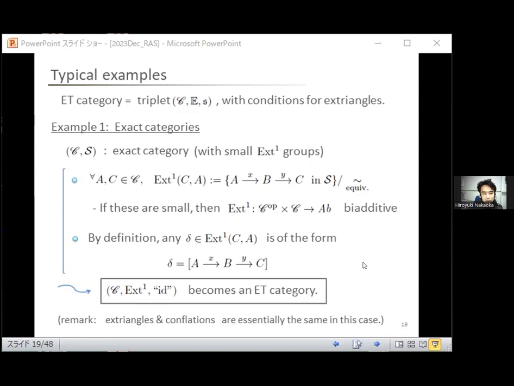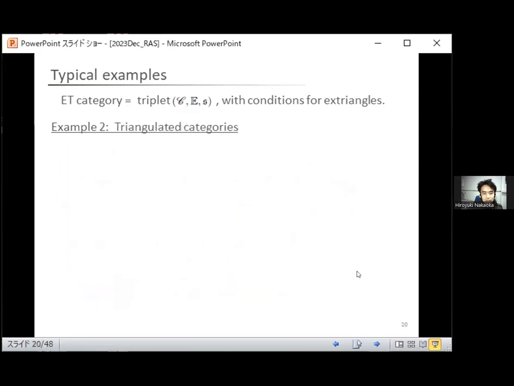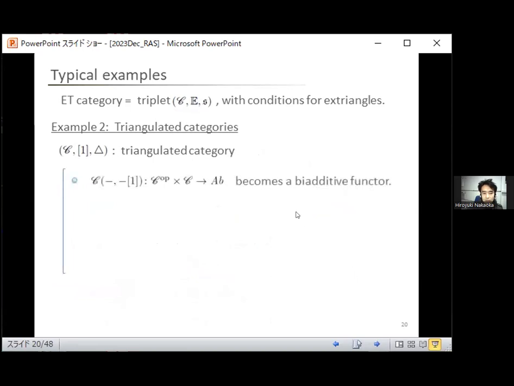The other example is a triangulated category. So suppose C is a triangulated category. Then we can define a bi-additive functor by considering morphisms shifted by 1. Namely, an extension for this bi-additive functor is nothing but a morphism from C to A[1] for each pair of objects in C. And now let us give its realization.